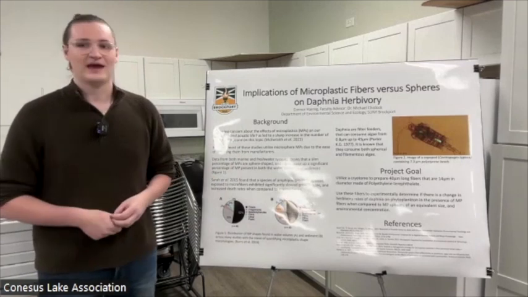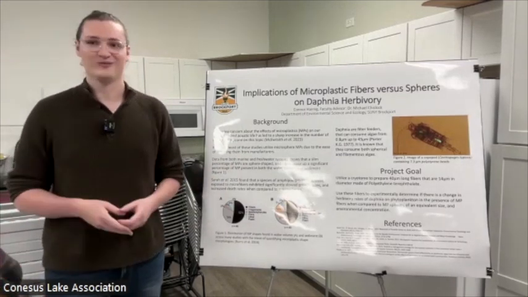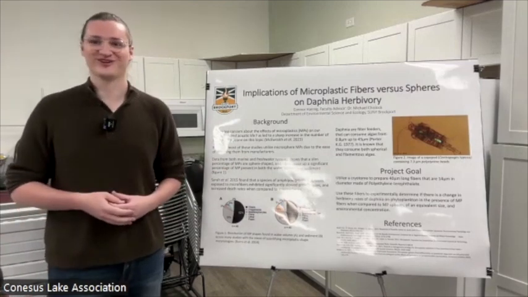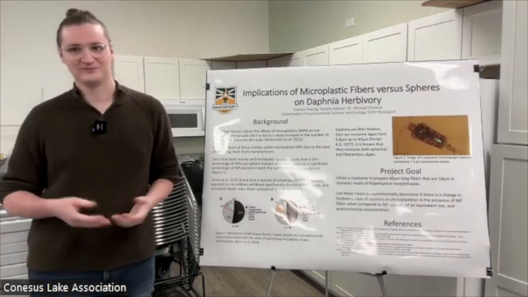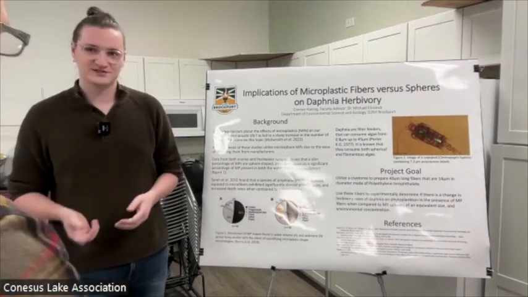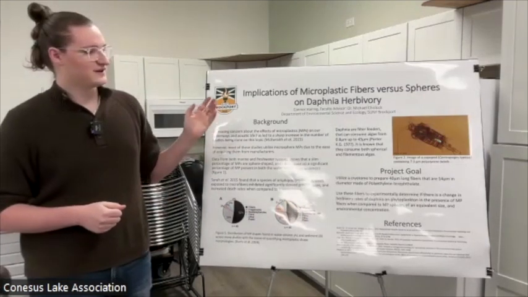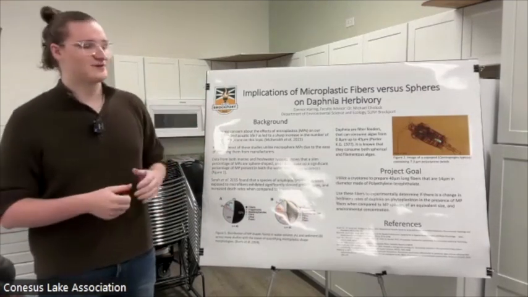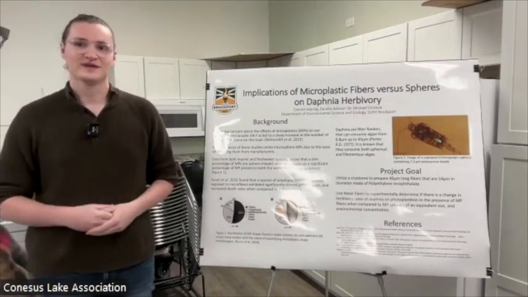When they eat that, they feel physiologically full. However, they don't have nutrients in them, so their body condition will worsen, and reproduction will worsen. I'm curious if the spheres versus the fibers affect their ability to eat algae at the same rates.